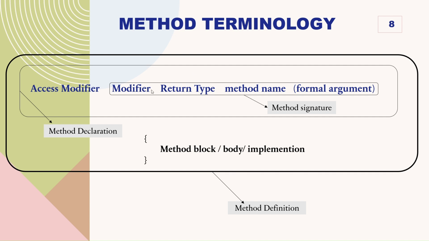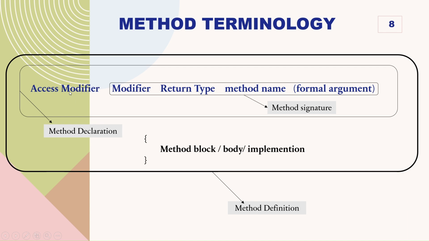So to understand your method, what type of method it is is considered the method signature, and if you have an access modifier, return type, method name, and formal argument, it is considered a method declaration. So the whole method is considered a method declaration. The access modifier decides where public needs to be accessed, outside the class and outside the package also.